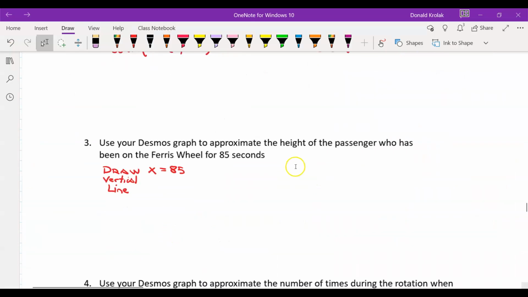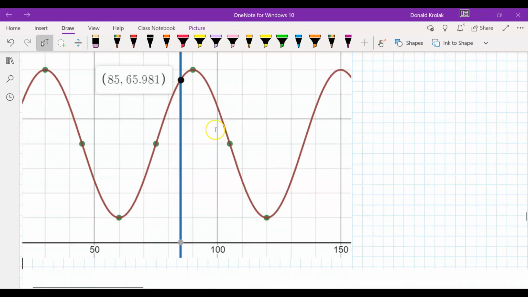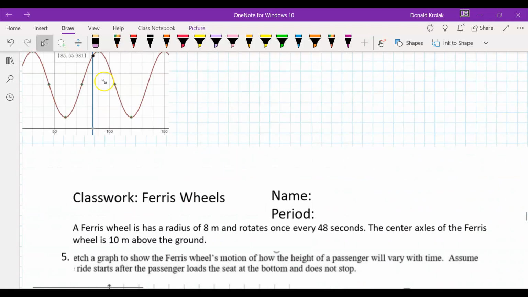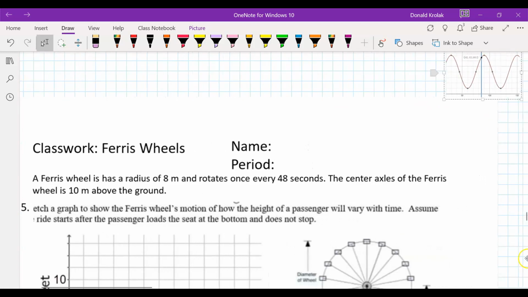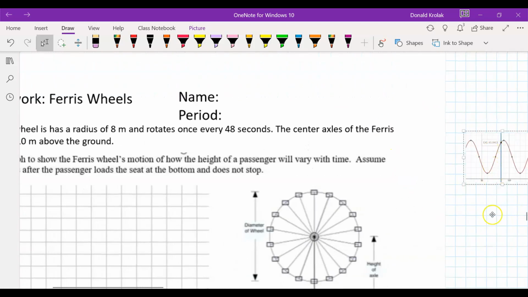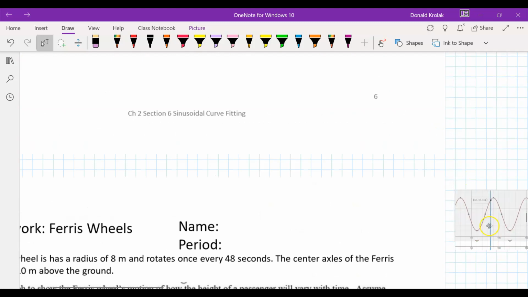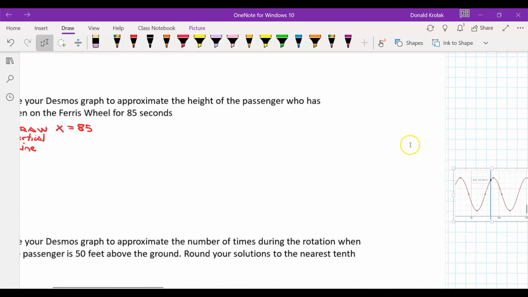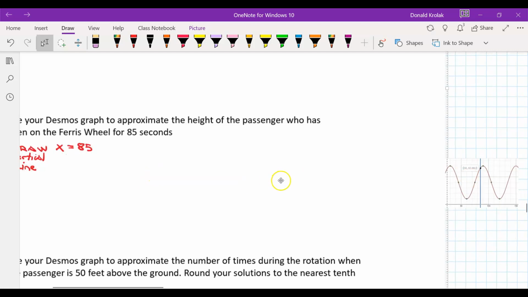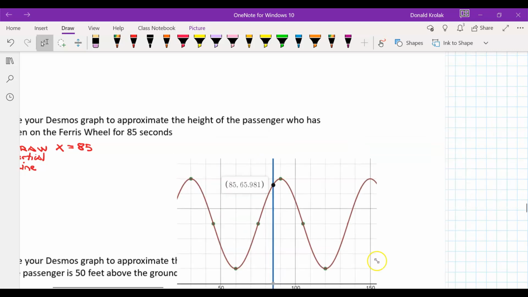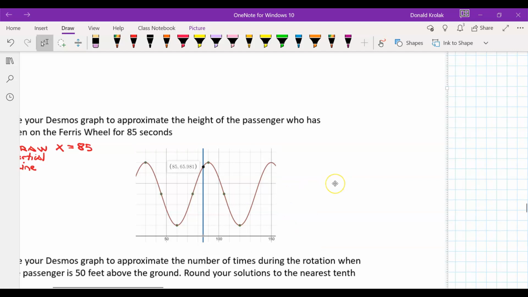Okay, so 3 significant figures would be 6, 5, 9, 8, and I'm going to round it.